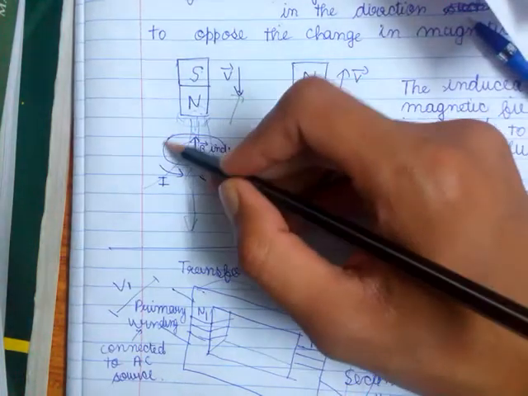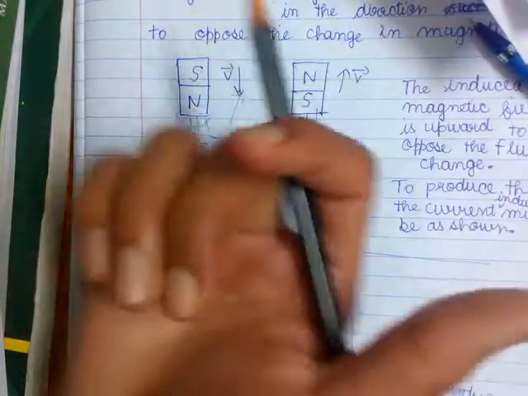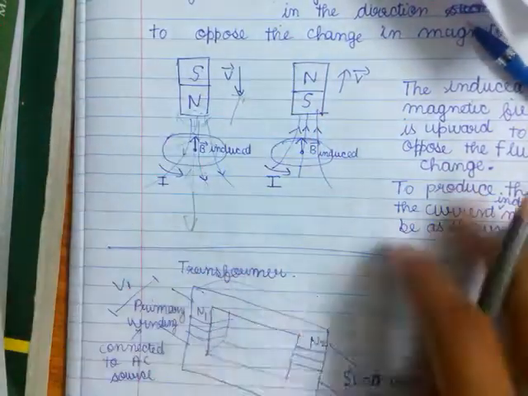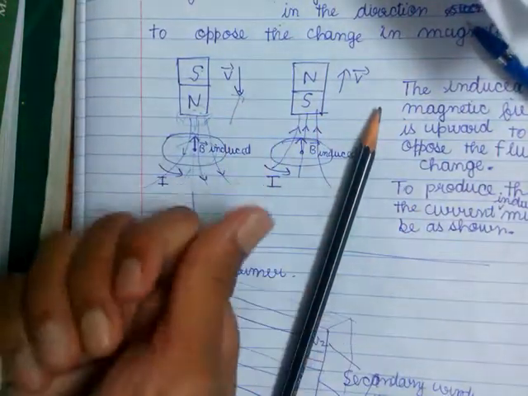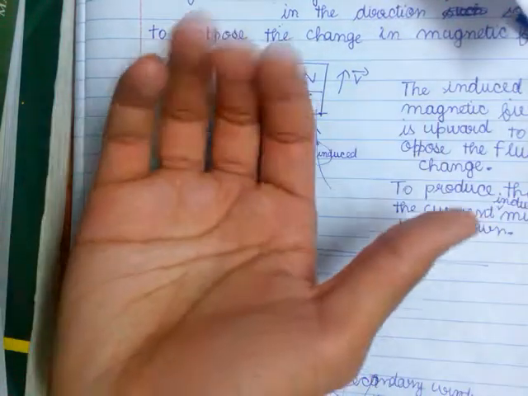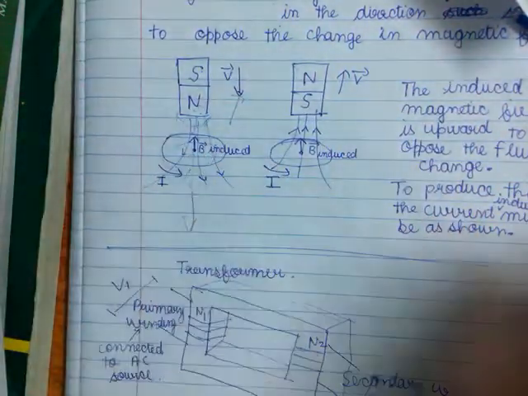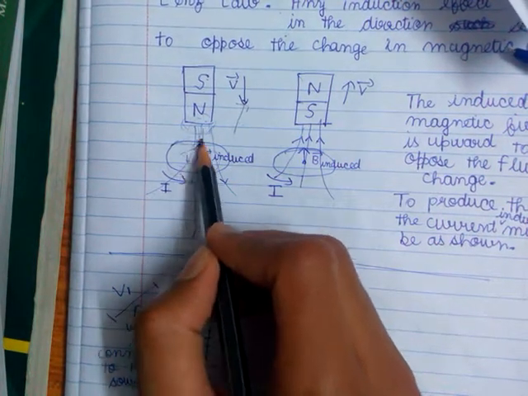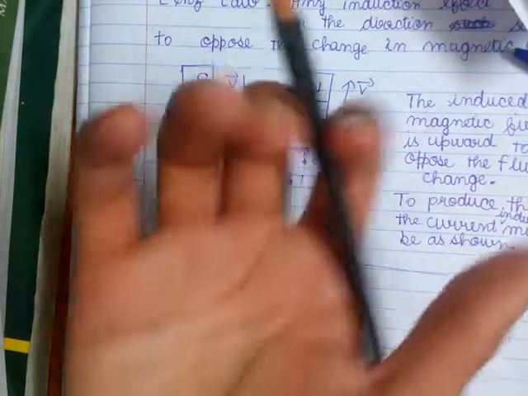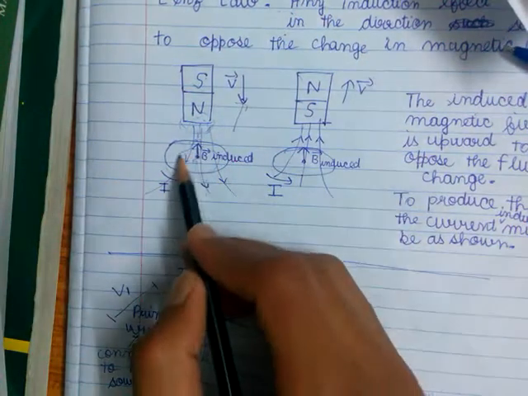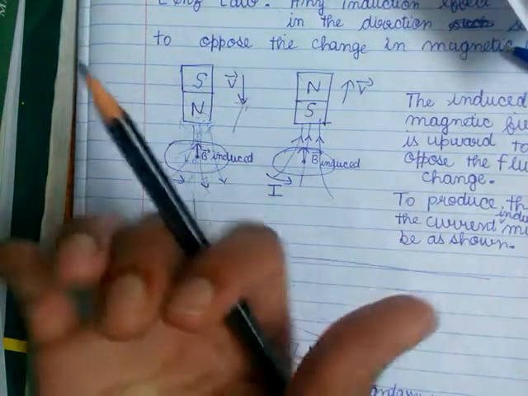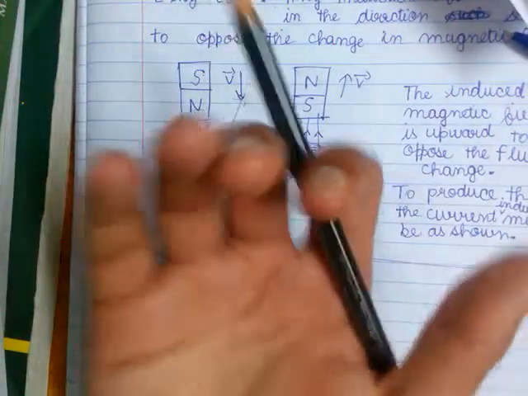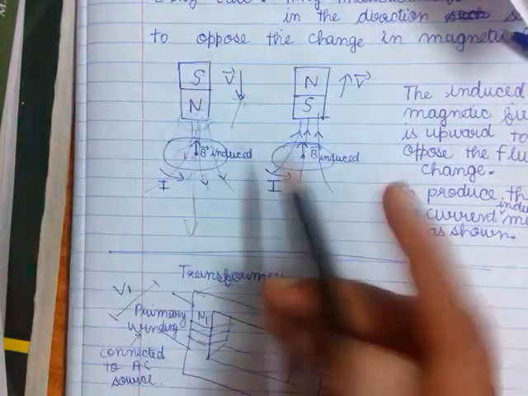If we run the current in this direction and use the corkscrew rule, we will see that when the current goes like this, the field lines are like this. So you can see that the field would come out of the loop like this if the current went in this direction. If the current went in this direction, then the field would be like this.